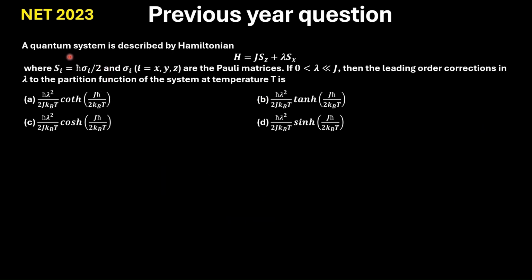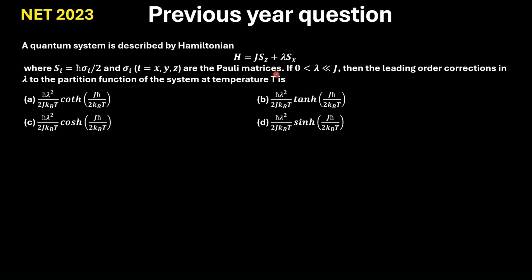In this system, we have a quantum system whose Hamiltonian is defined by this, and Si, that is Sx and Sz, are expressed in terms of Pauli matrices. In the condition J much greater than lambda, we have to find the leading order correction in the partition function.